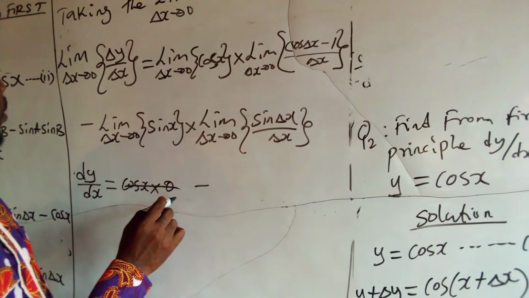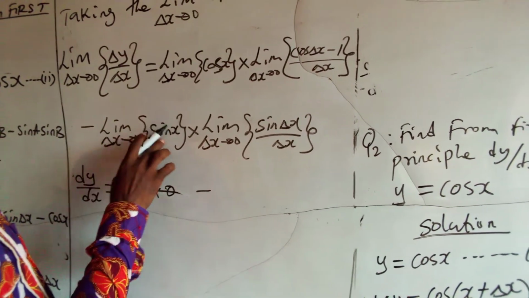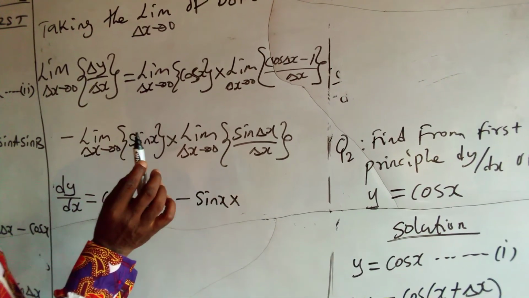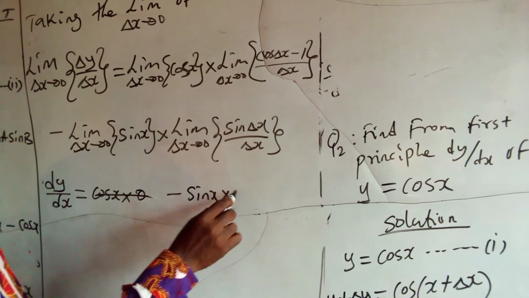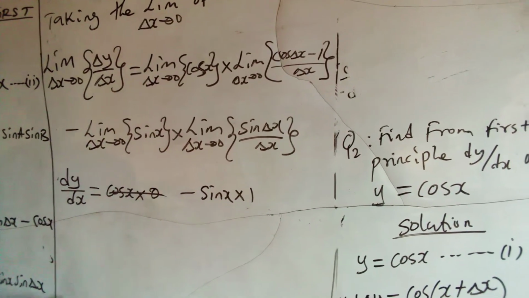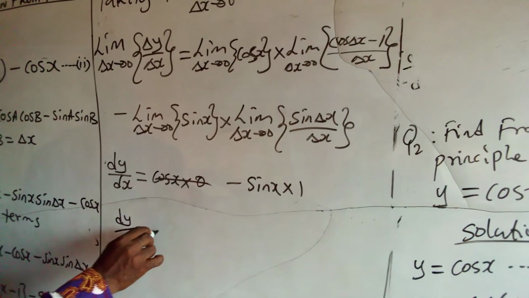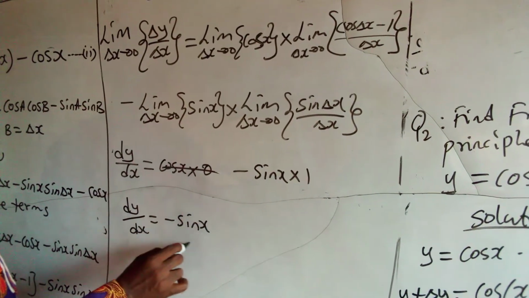Then minus the limit of this is sin S times, from what we did before, this will give us 1. So times 1. So we now have that dy over ds will give us minus sin S.